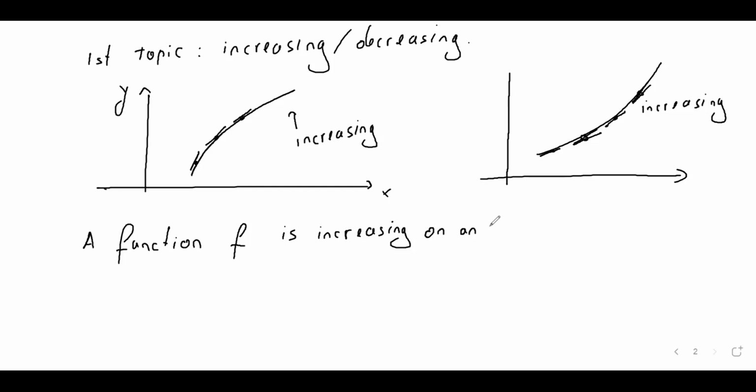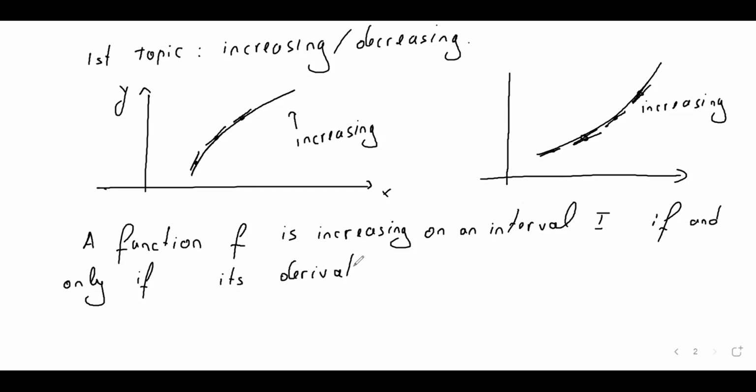On an interval, let's call it I, just to have a name for it, if, and I say, and only if its derivative is positive. Let's put 0 in the mix.